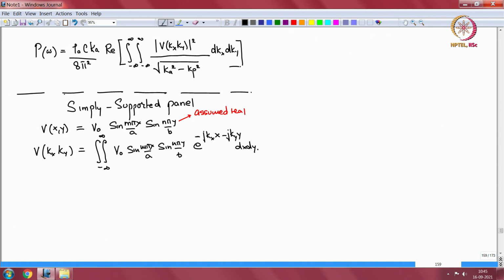So what I have done is I have shortened the presentation a little bit. There should be a Heaviside function actually, which says that my panel vibrates only between 0 to a and 0 to b. Then this infinite integral and the Heaviside will give us what we want. Now the complex part is only here. This is the complex part.